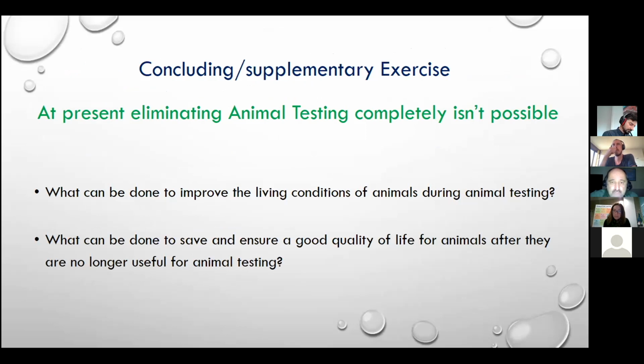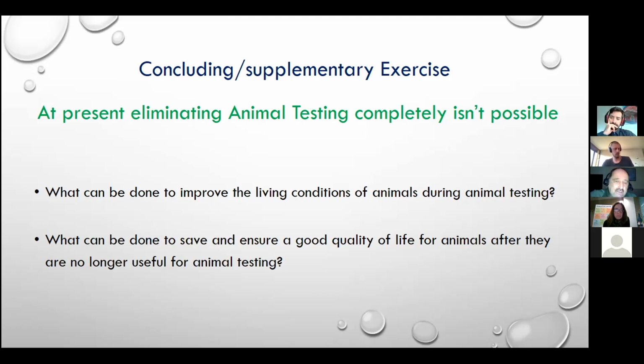So coming back to reality, although these alternatives exist, of course we can't say that anytime soon animal testing will disappear completely. And this was sort of a supplementary exercise that you can also use maybe to carry on with the subject, let's say the following year.